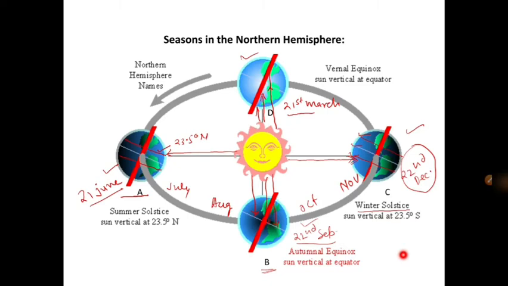After this, when the earth revolves again around the sun, January, February and on 21st March, when the sun's rays are vertical over the equator, it is the vernal equinox, which is the spring season in the northern hemisphere. So, these are the 4 seasons in the northern hemisphere.